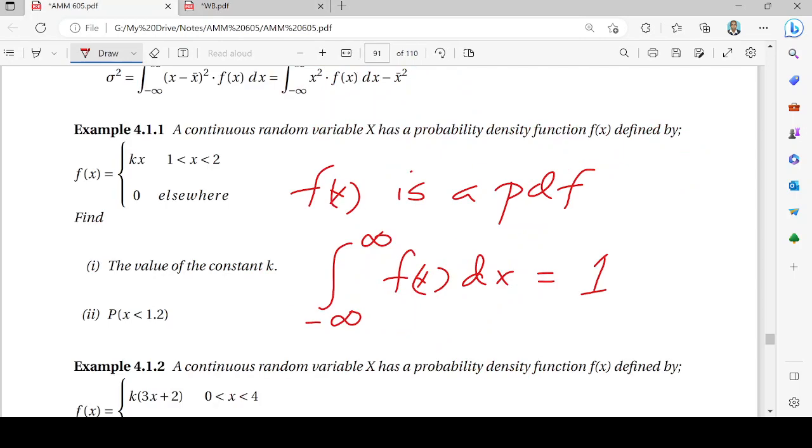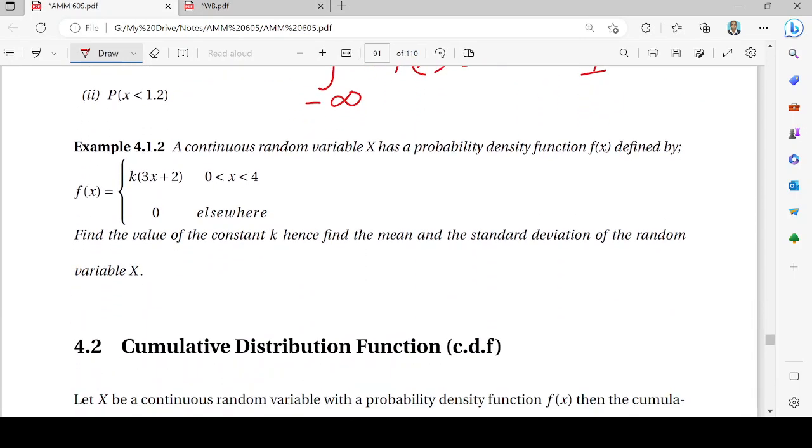So we have a second example, example 4.1.2. We are told that a continuous random variable X has a probability density function f of x, defined as f of x equals k times 3x plus 2 for x between 0 and 4, and then the function is 0 at all other points. So the first thing here is to find the value of k.